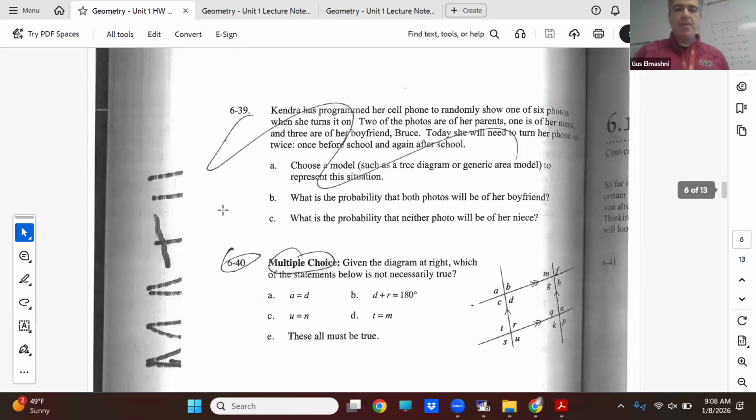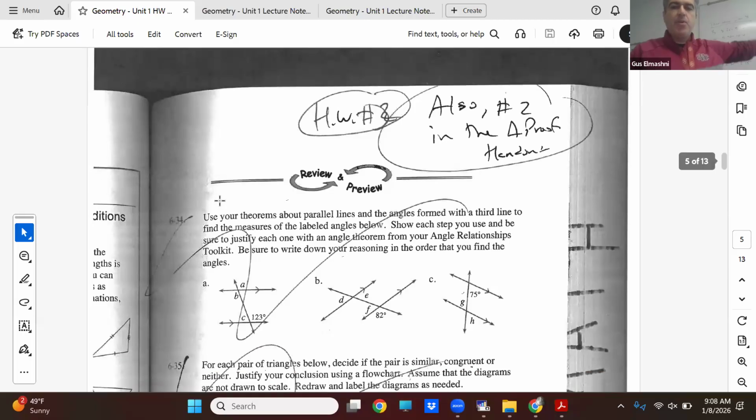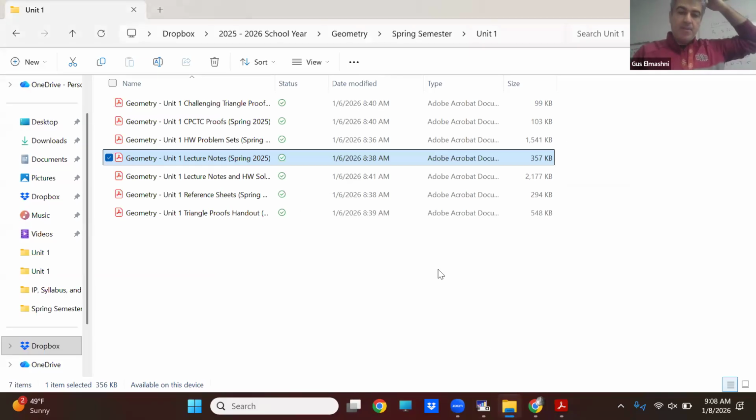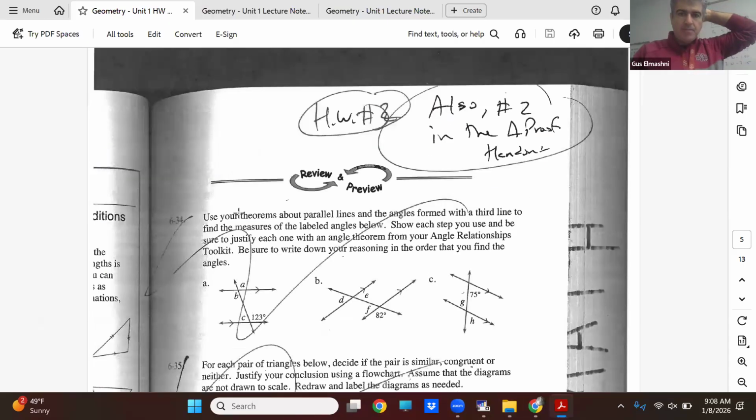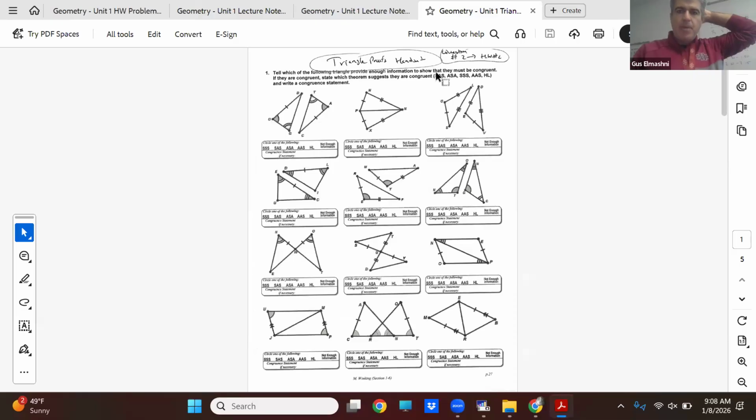But I also say here, you're going to do number 2 and the triangle proof handout. So you guys have another handout. It looks like this, the triangle proof handout.